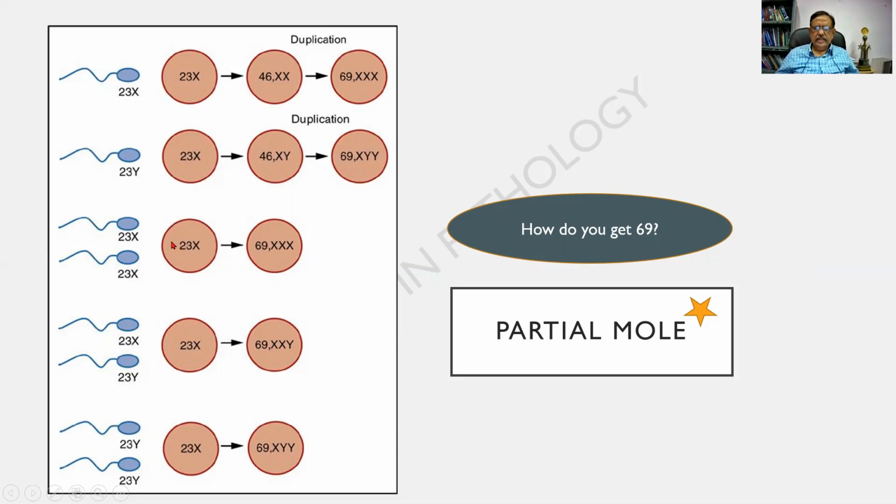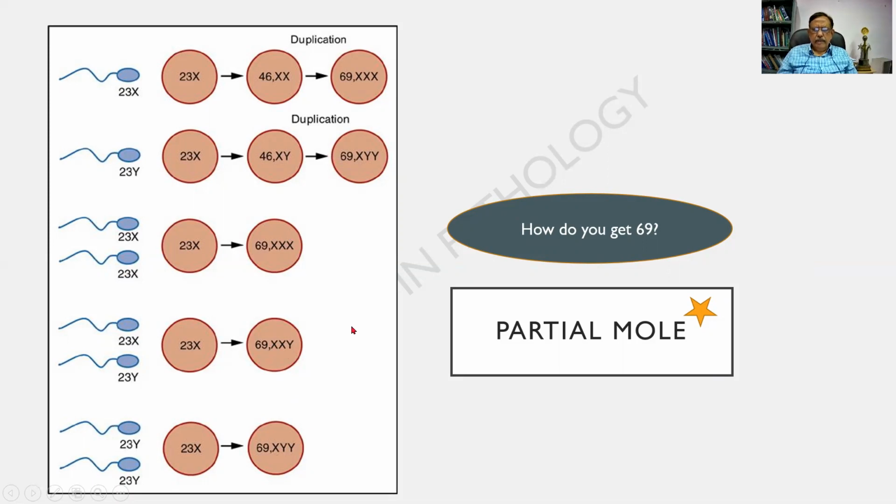In the other cases, it is a maternal part that contains 23X being fertilized by two spermatozoa, as a result of which 23, 23 and 23 create a total of 69. That is how I get any of these: 69XXX, XXY or XYY. All these possibilities are possible.